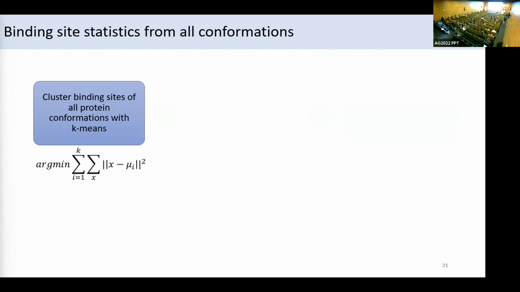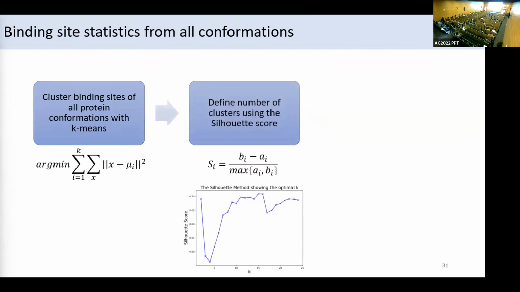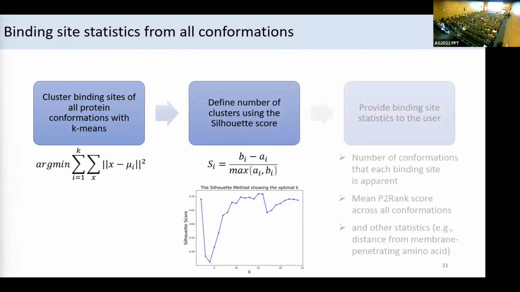To make it even easier for the user, we also cluster all binding sites in all conformational ensembles. And we define the best clustering using k-means, and we choose k based on the silhouette score, which is much better than the elbow method.